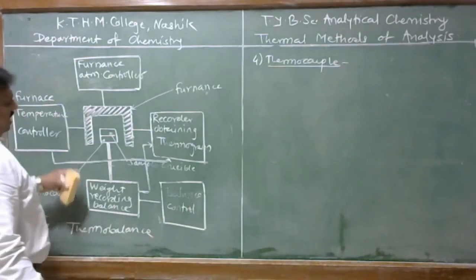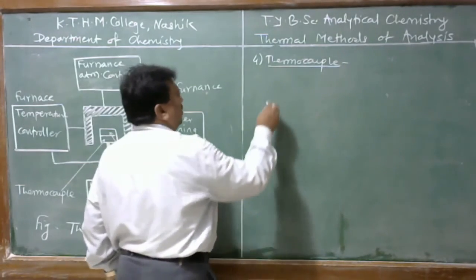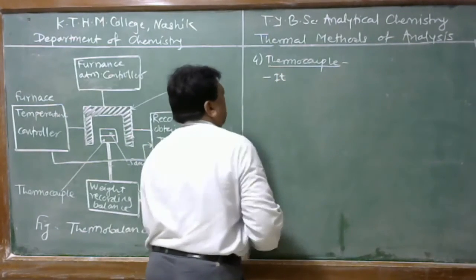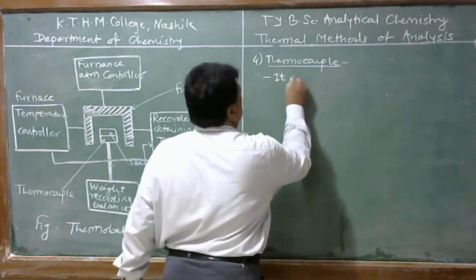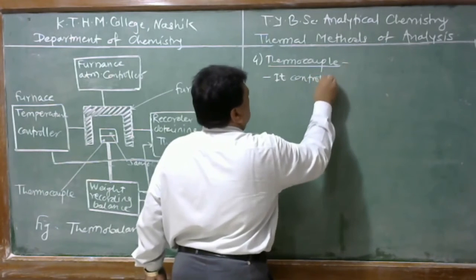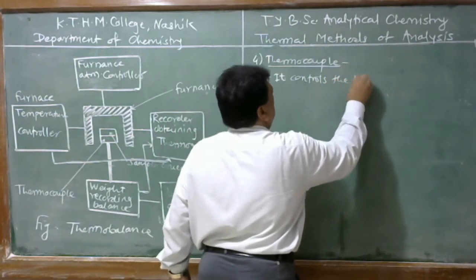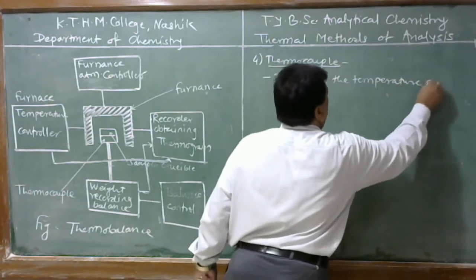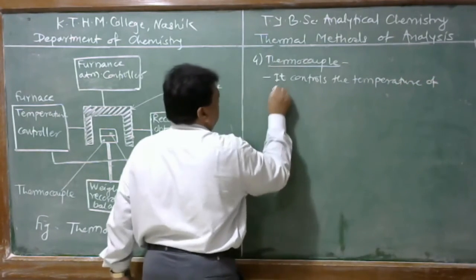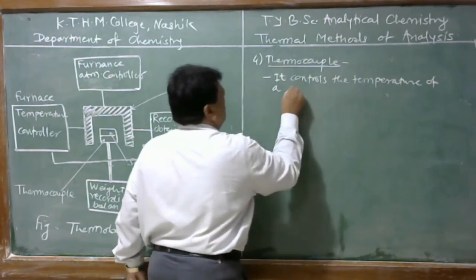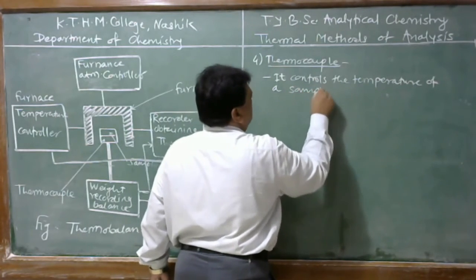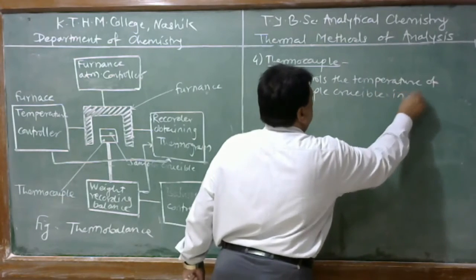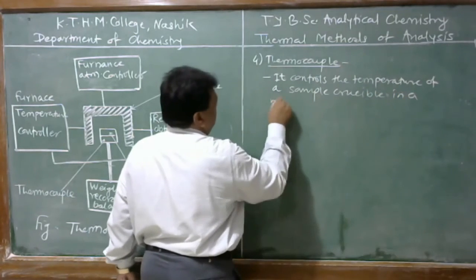It is a device that controls the temperature of the sample crucible in a required range.